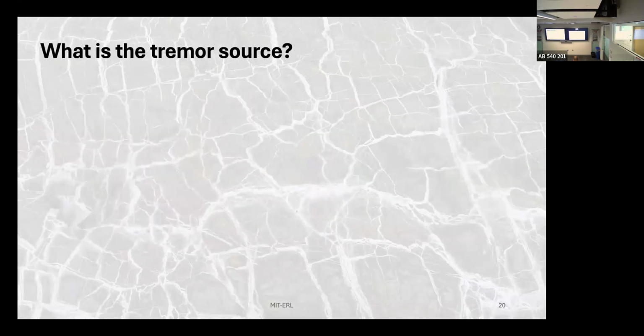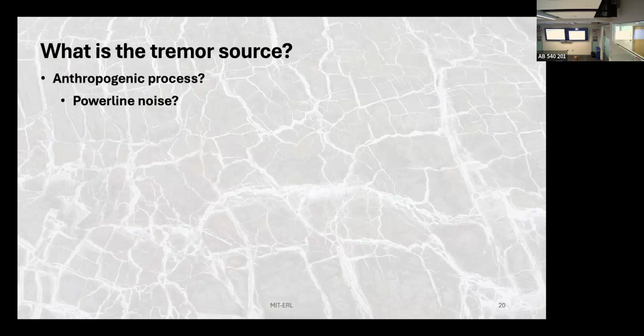Okay, so now let's face the question: what is the tremor source? This is truly strange. We're seeing some features that are very difficult to explain. So the first thing we need to think about is whether these signals are due to anthropogenic processes, since there have been many cases where similar signals were found to be due to human activities.